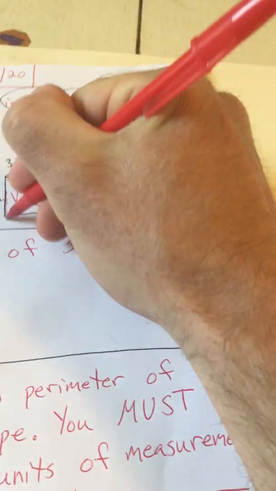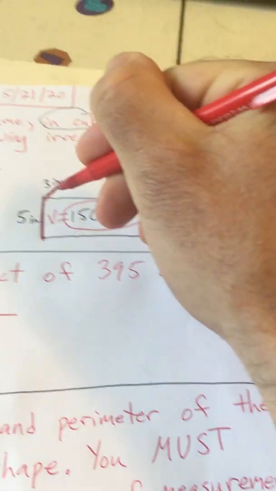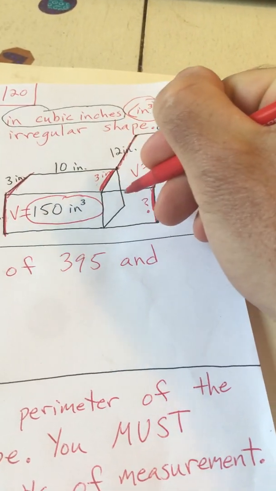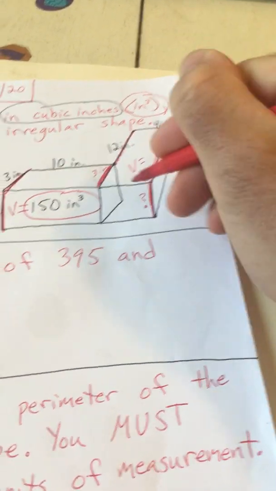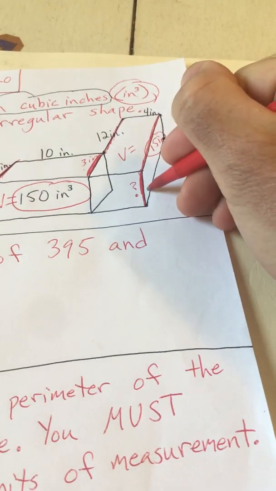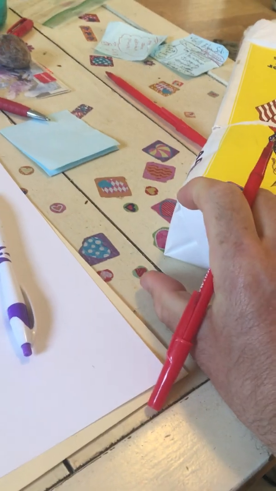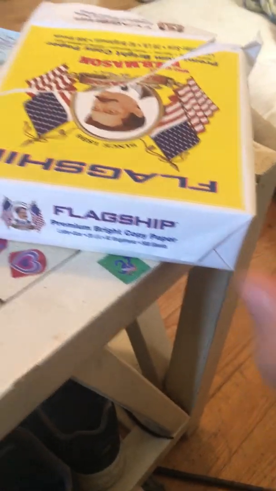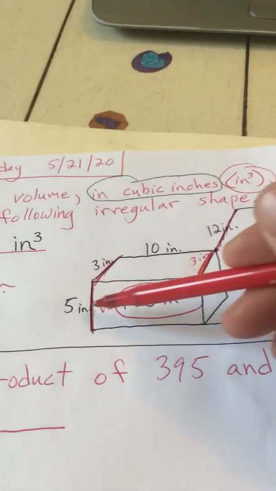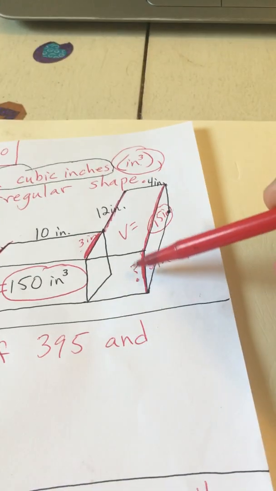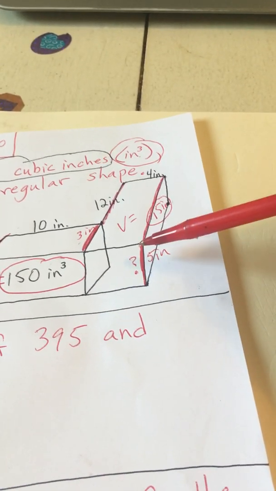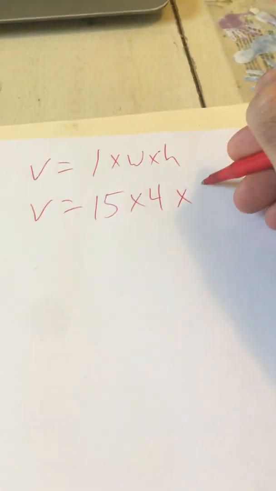If this is 5 inches high, this is the same box, it continues, it's not any taller. It's the same box, goes straight across. This is also 5 inches. Just like this example, if that side's 5, that side's 5 too. So we had 5 here, this is 5, and this is 5. So we need now 5 times 15 times 4. And that's going to give us the volume of the second part.